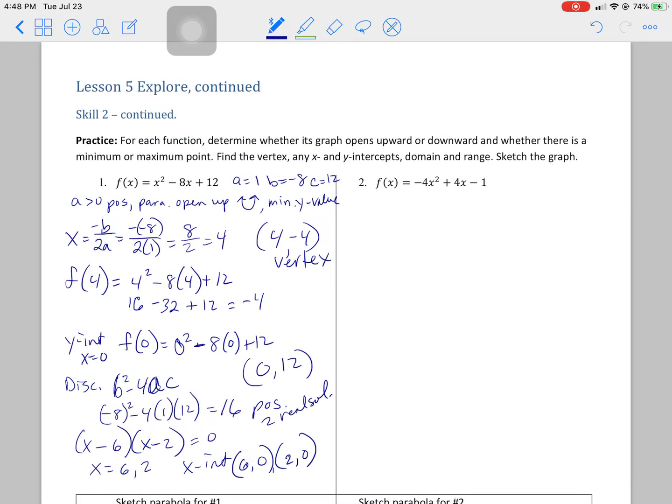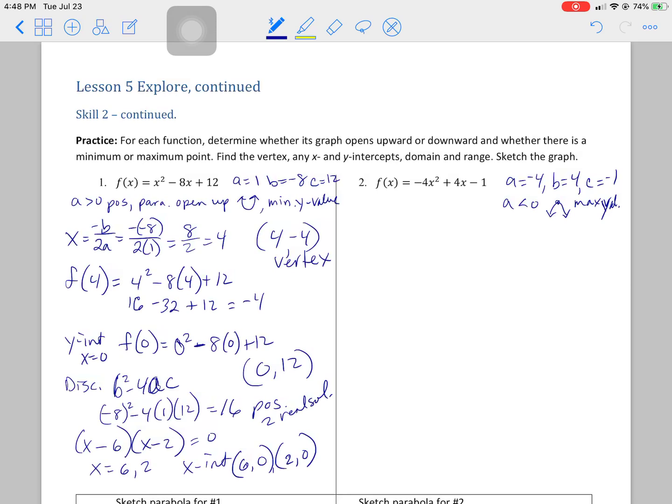This one, it's in the proper order, so my A is -4, my B is a 4, and my C is a -1. So the A is less than 0, so the parabola opens down, and it has a max value, max Y value, right?